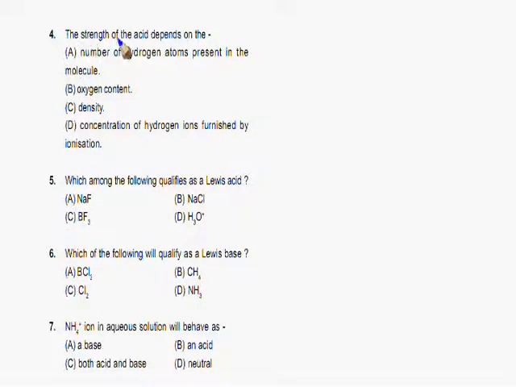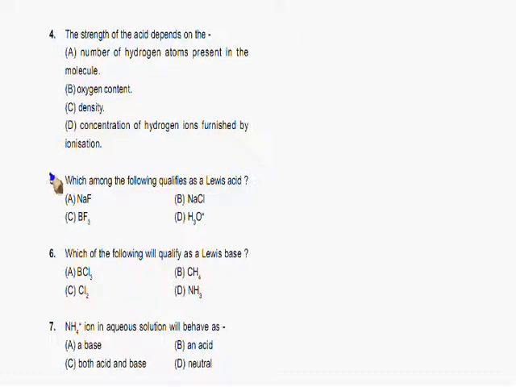The strength of an acid depends on: A, the number of hydrogen atoms present in the molecule; second, oxygen content; third, density; and fourth, the concentration of hydrogen ions furnished by ionization.